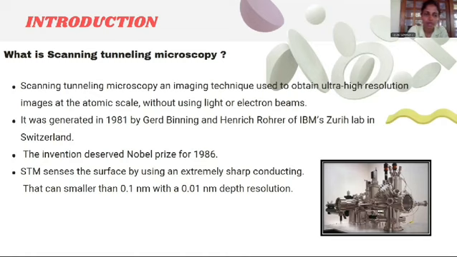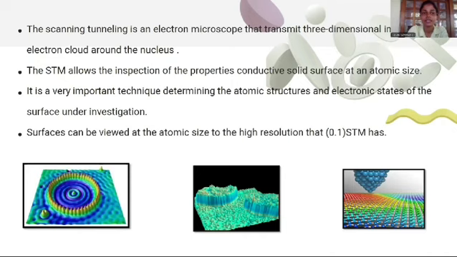Scanning tunneling microscopy senses the surface by using an extremely sharp conducting tip that can be smaller than 0.1 nanometer, with 0.01 nanometer depth resolution. The scanning tunneling microscope transmits three-dimensional images of the electron cloud around the nucleus.